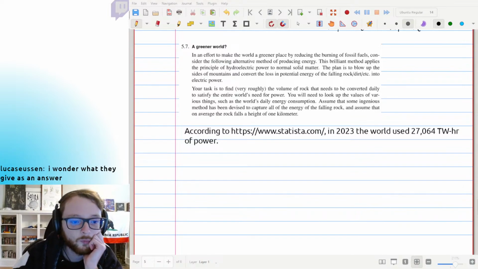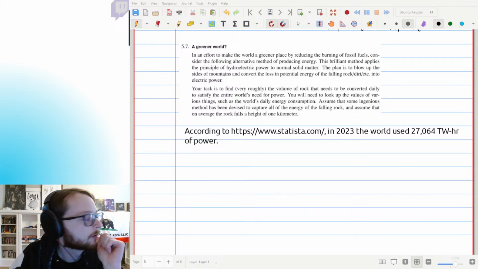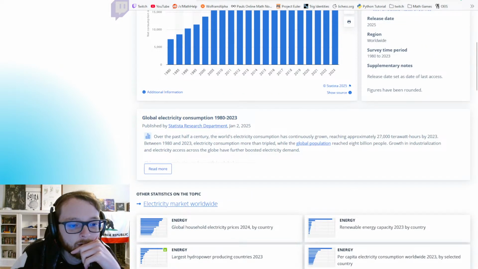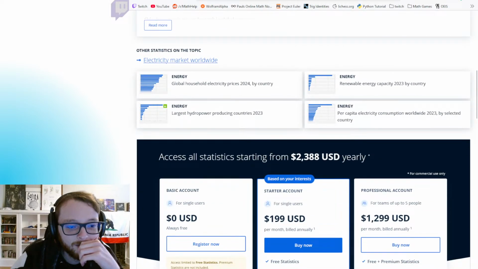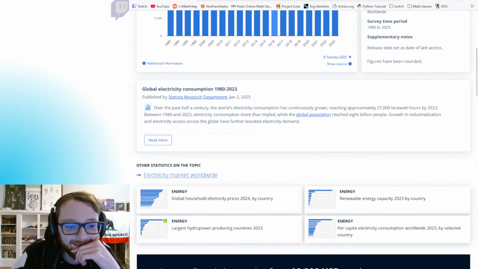Wait. Whoa, whoa, whoa. What number is this from? Is this net electricity consumption worldwide? Is this the total amount of power used for the entire year? I guess we want to divide that by 365 to get daily energy consumption. And 2023 was not a leap year, before anyone asks.